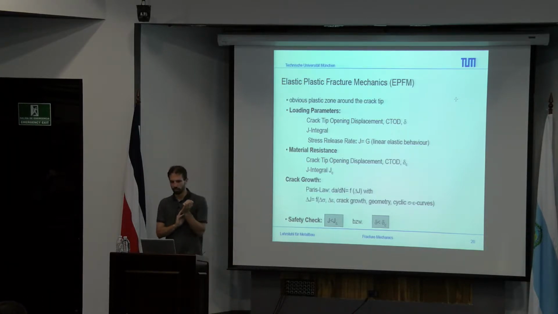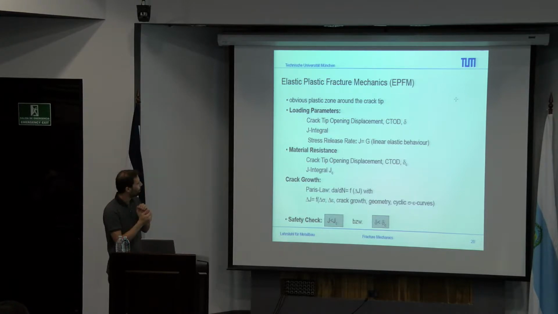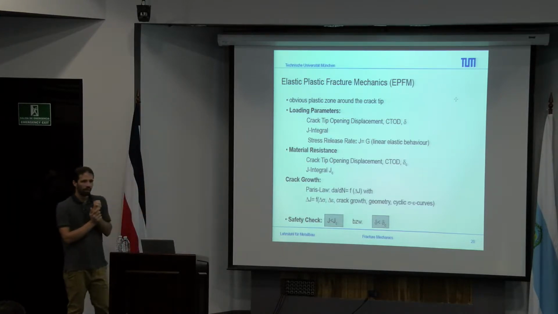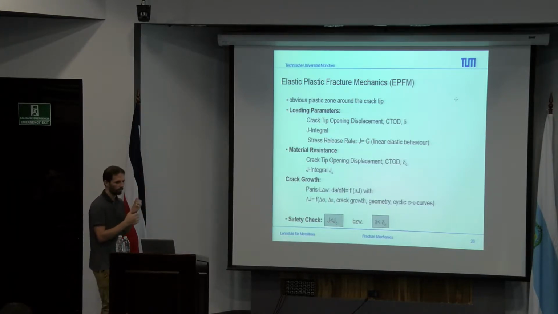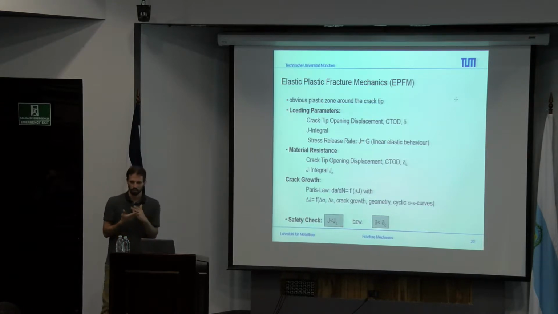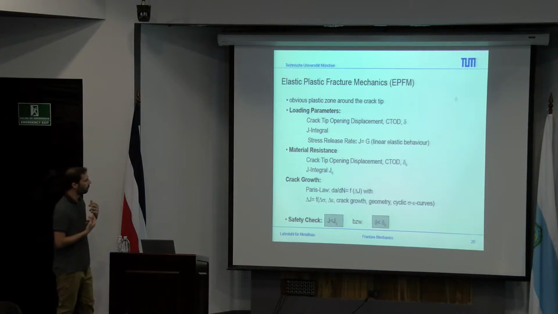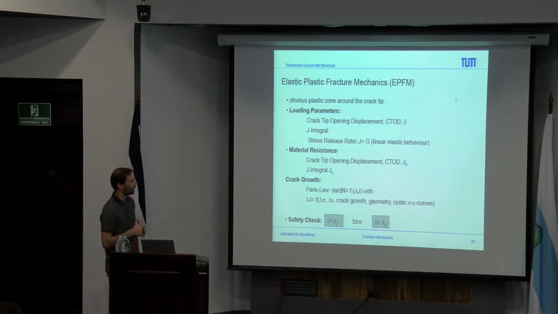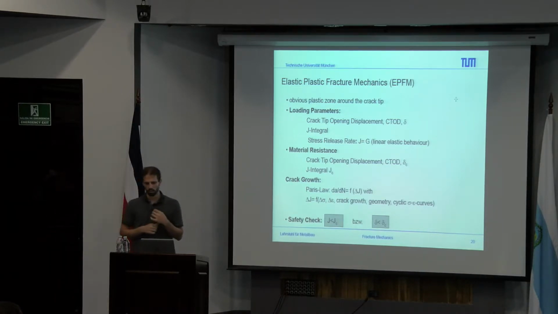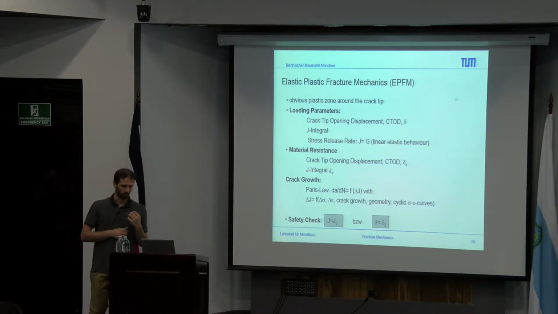And so at this time, we have some loading parameters, and the loading parameters are, for example, the crack tip opening displacement, which is defined by the CTOD, or a value of rho.